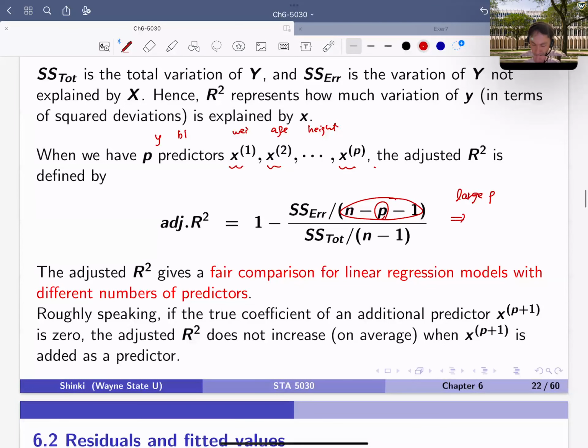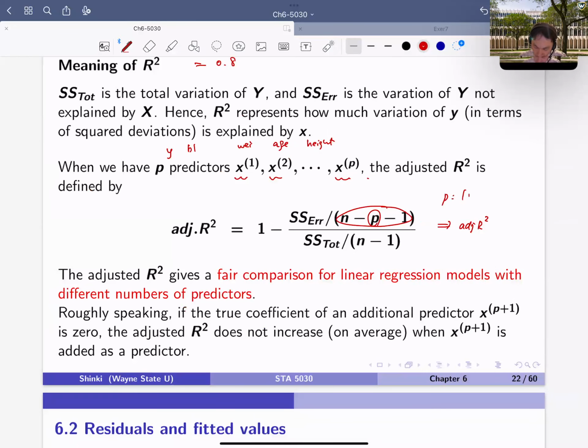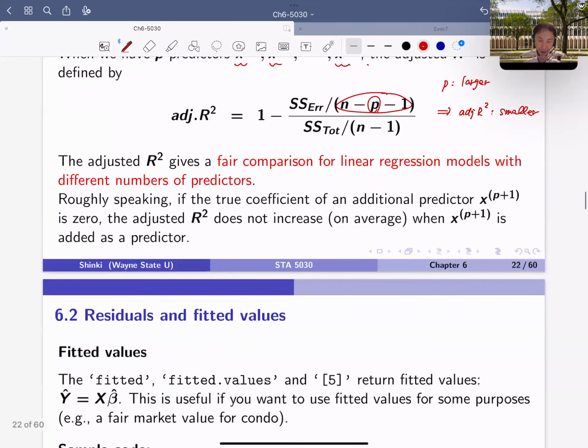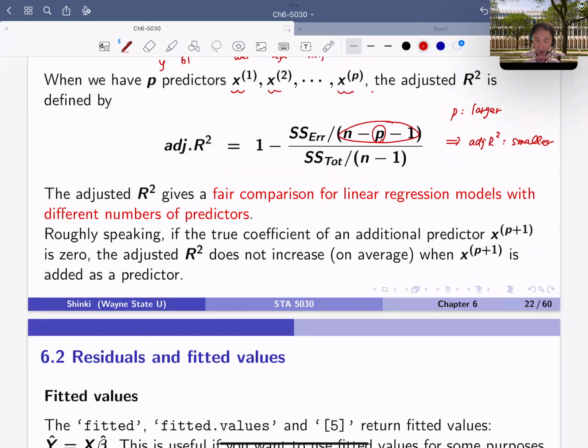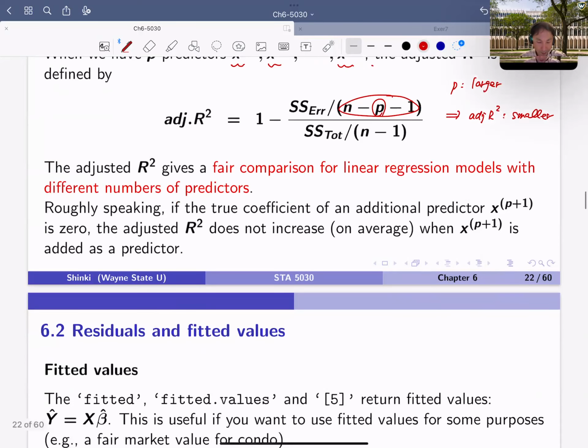So when p gets larger, adjusted R square gets smaller. We penalize the large p. If we have many variables, then we can explain y better, so obviously R square gets better. So we penalize the large p. That is the concept of adjusted R square.